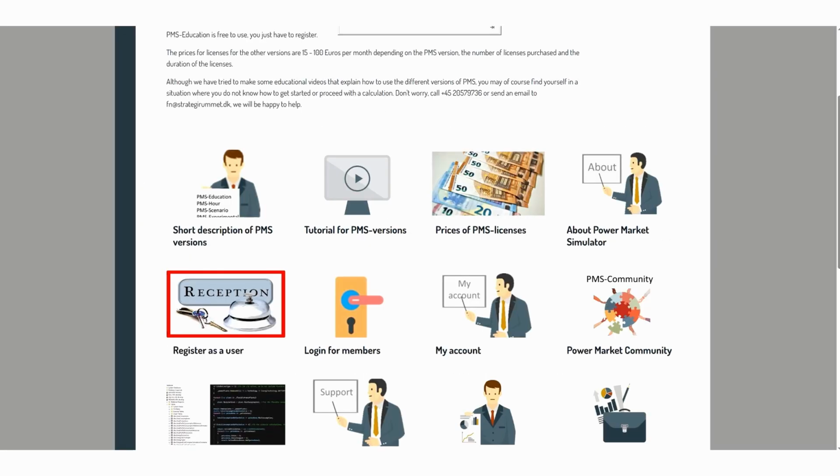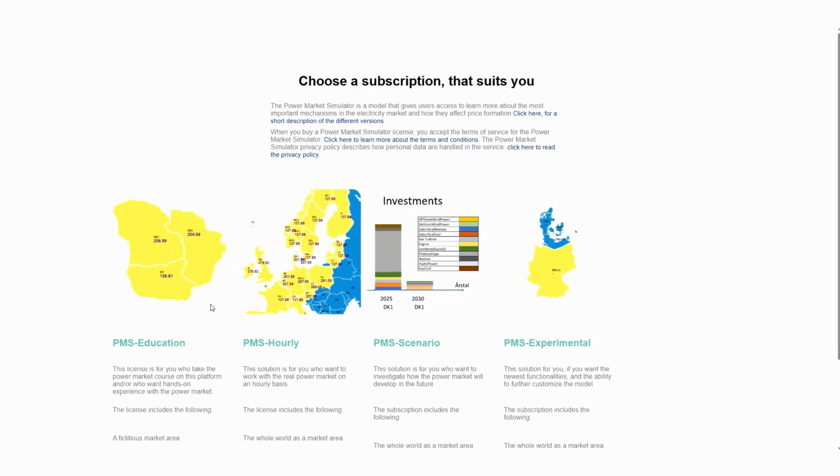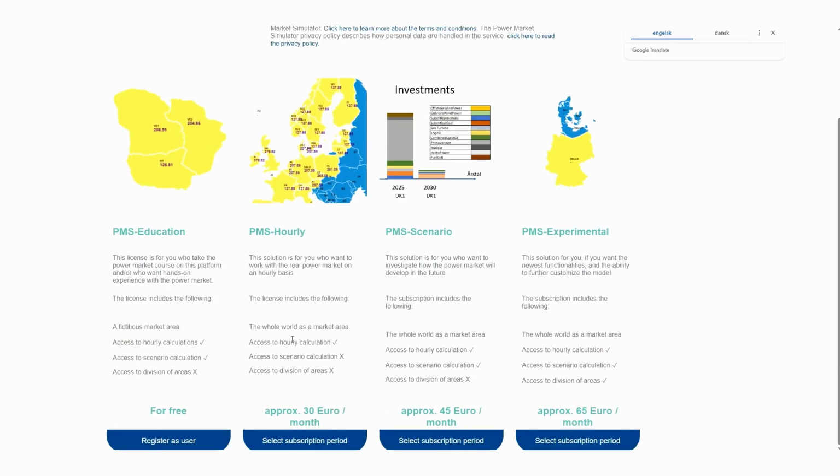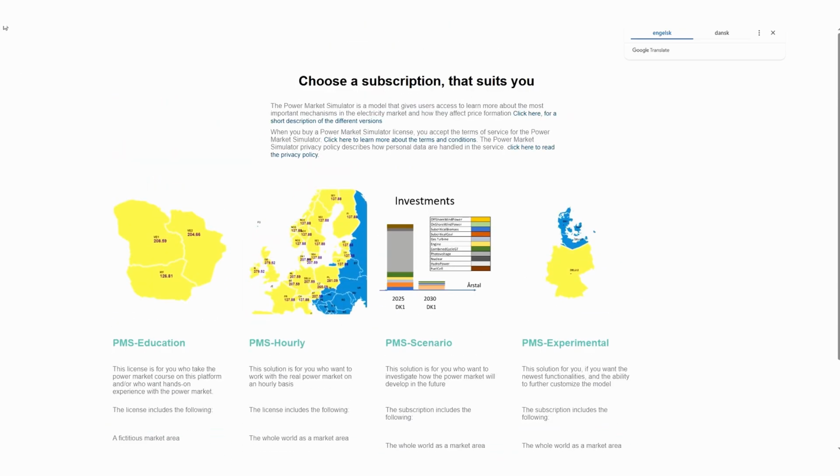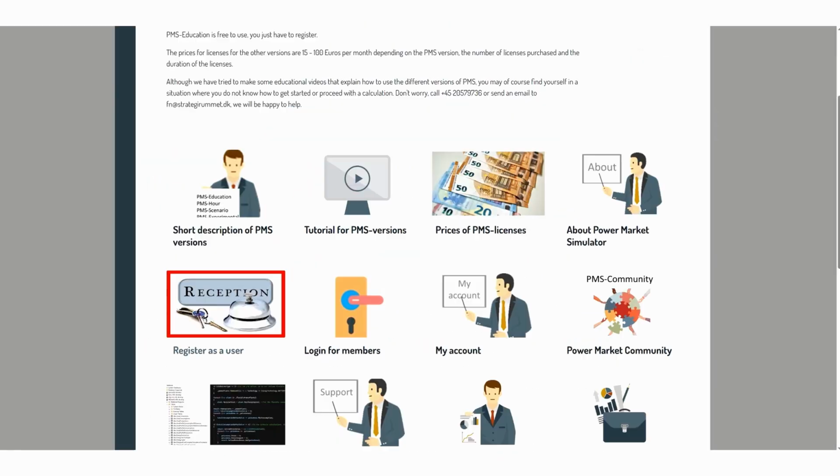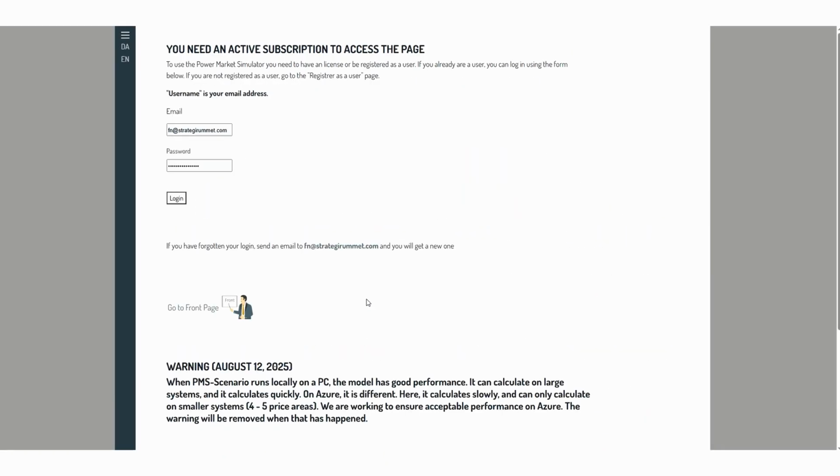In order to solve task number 9, you have to have a license to our version of the power market simulator. If you don't have this version, you have to register here and buy the license for the PMS hour. When you've done that, you go here and log in.